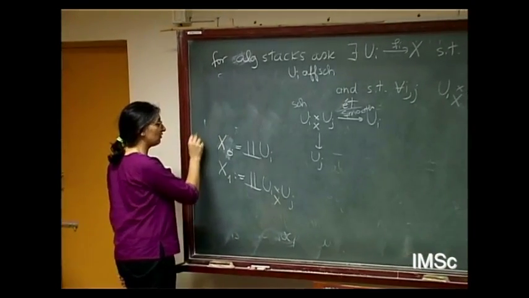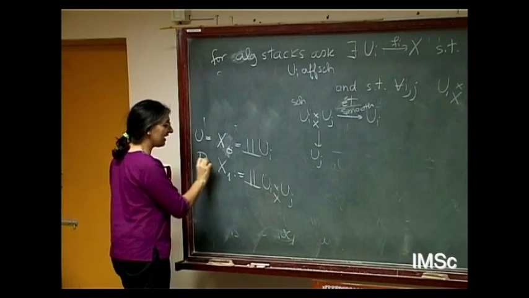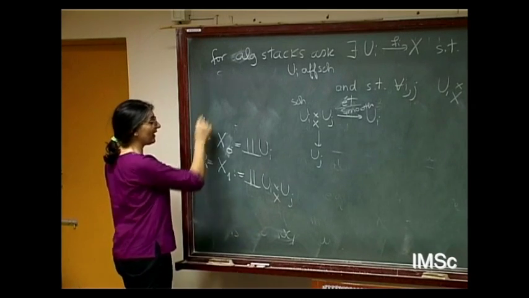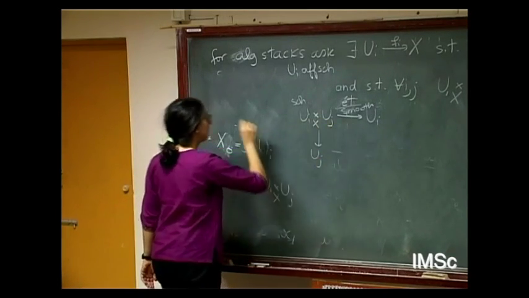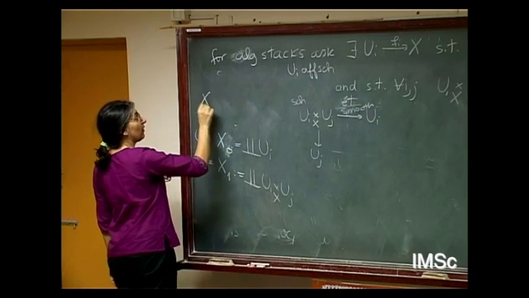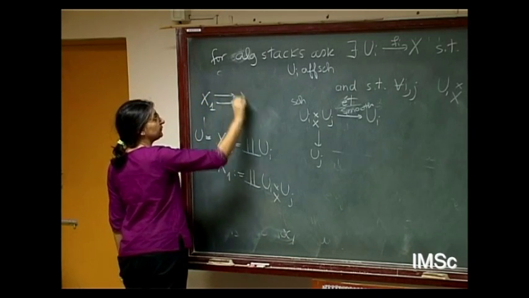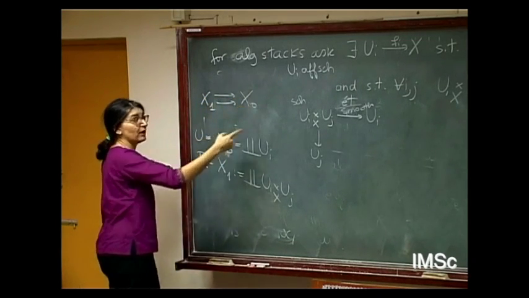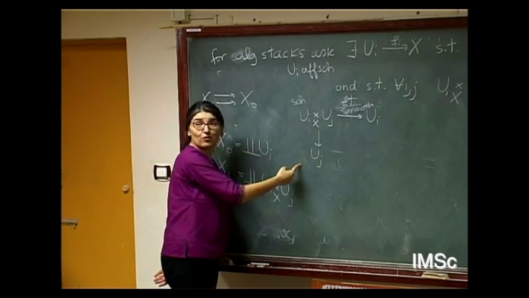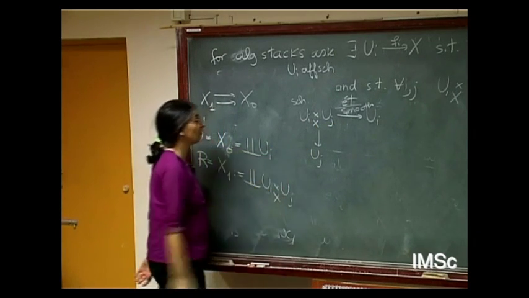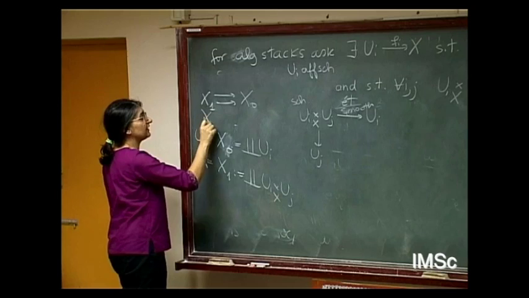You can call this U and you can call this R, and either way you have that these two maps from X_1 to X_0, one given by the first coordinate, the other by the second coordinate, give you a map.